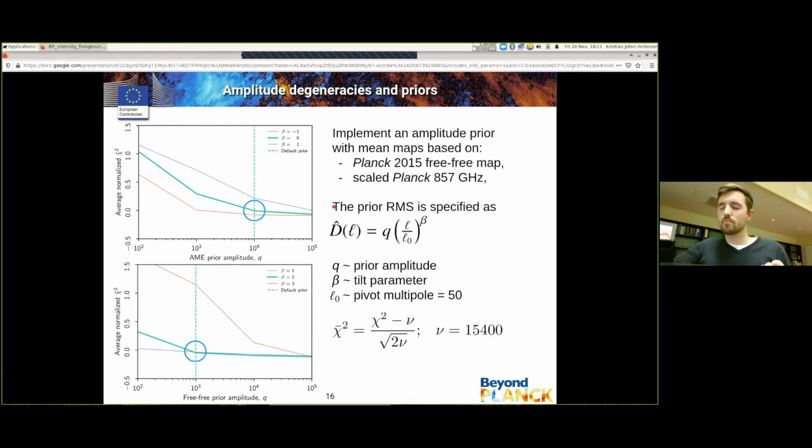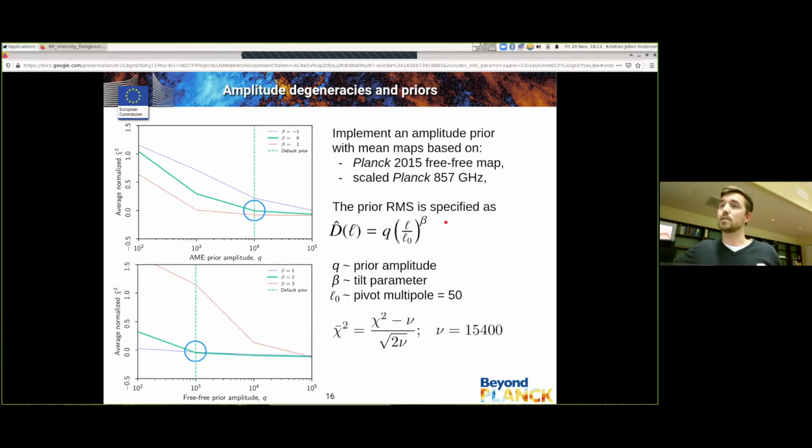in spherical harmonic space, in the power spectrum, that has an amplitude prior Q and a pivot, and a tilt parameter beta here that can allow us to have larger or smaller RMS at higher multipoles.